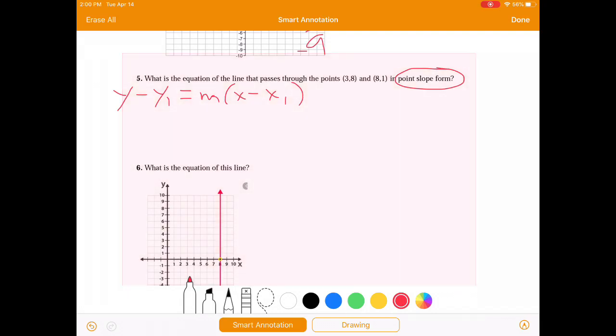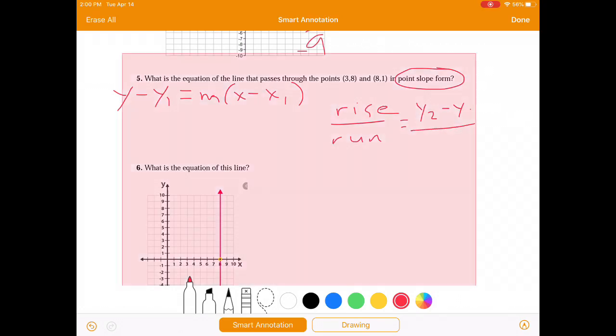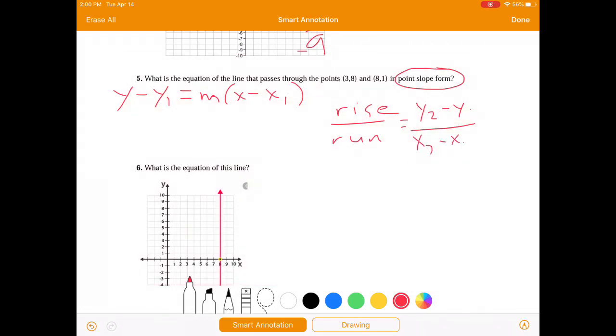So we have a point. We have 2 points that we could use, but what we're missing is the slope. So the first thing that we need to do is identify the slope between these 2 points. Looking at rise over run, or our formula, when we have 2 points, the rise is going to be the difference between the y coordinates, and the run is going to be the difference between the x coordinates.